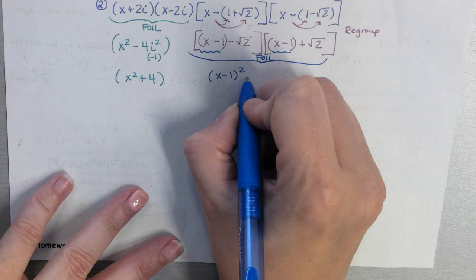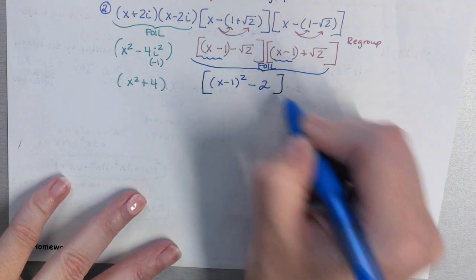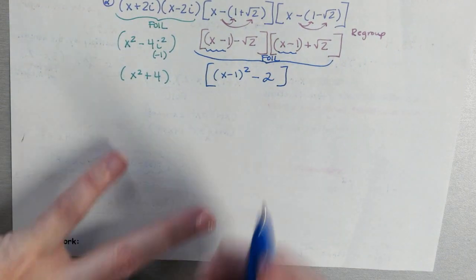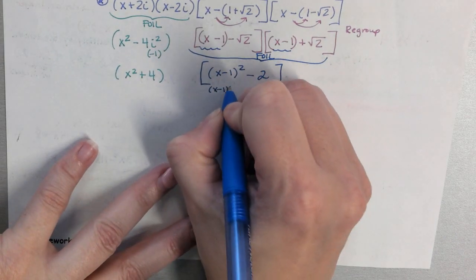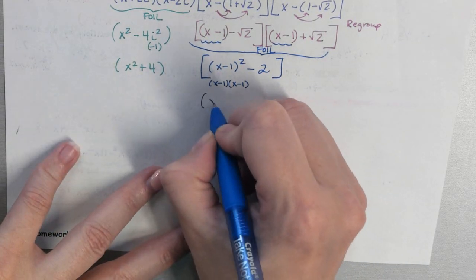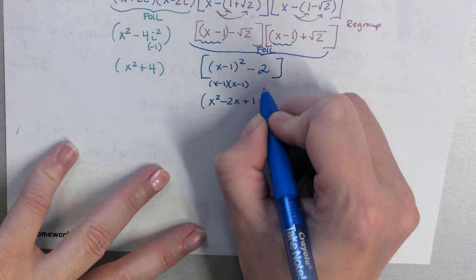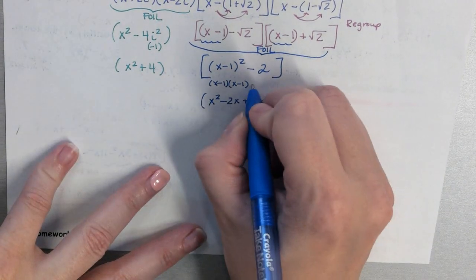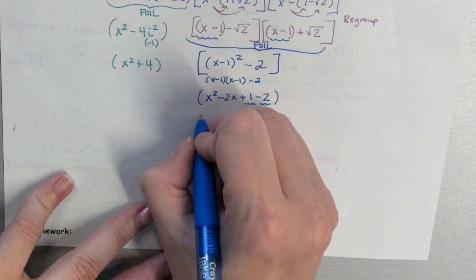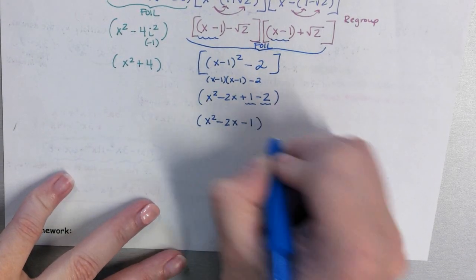Because these are opposites, it's going to be minus 2. And then I'm going to keep that in my bracket until I simplify here. Okay, when I simplify, I like to write out the x minus 1 times x minus 1 because that helps me FOIL a little bit quicker. So I'm going to have x squared minus 2x plus 1, and then don't forget this minus 2 is still part of this. Okay, so you are going to combine your like terms. So when you simplify, this is x squared minus 2x minus 1.